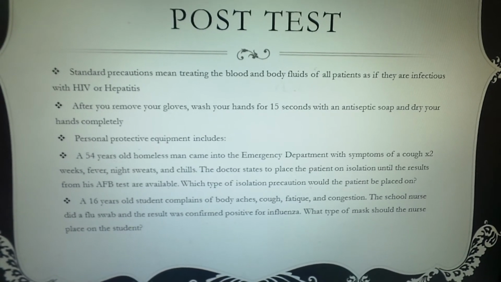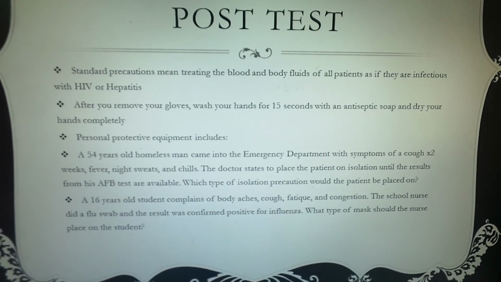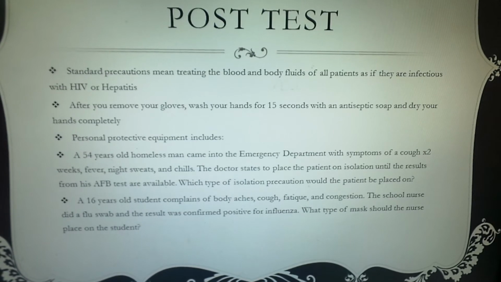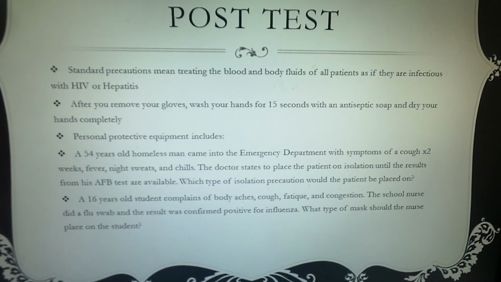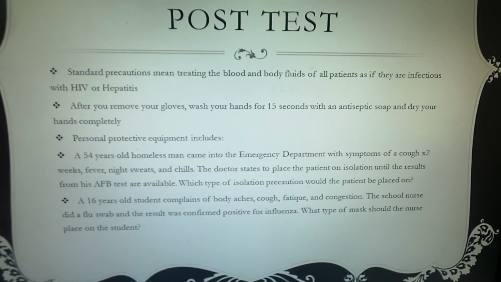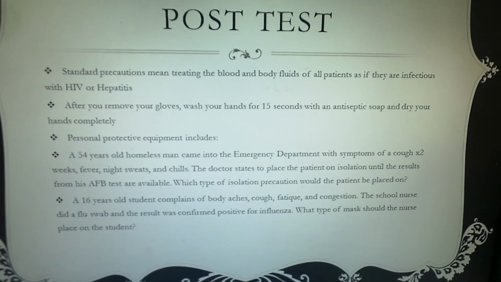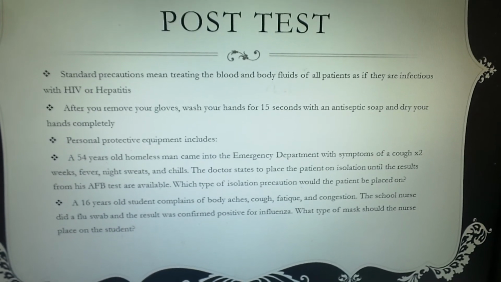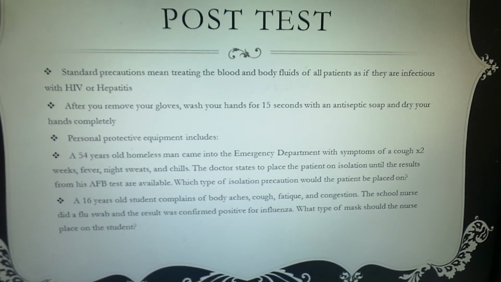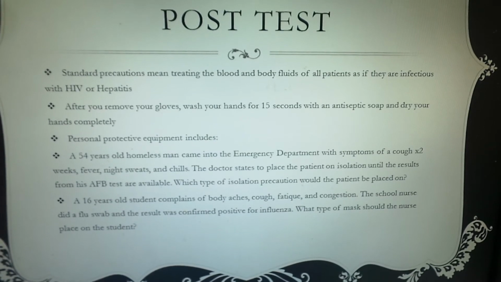The doctor states to place the patient on isolation until the results from his AFB test are available. Which type of isolation precaution would the patient be placed on? This patient sounds like he has symptoms of TB, so he would be on airborne isolation, which is the N95 respirator.